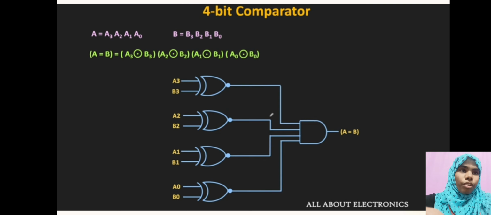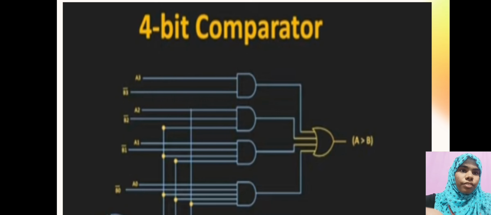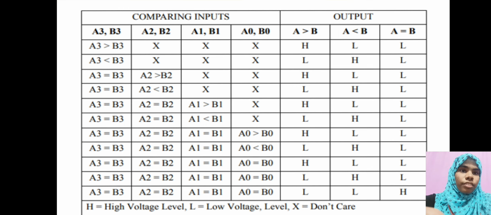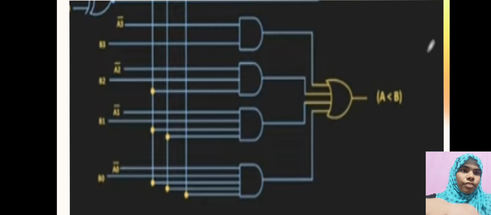It is derived from this truth table. Here is A greater than B, which is 1. All the A greater than B cases are 1. So it derives like that.